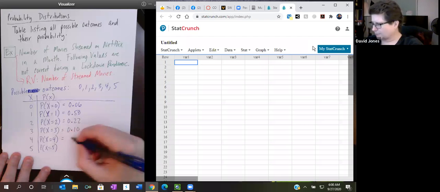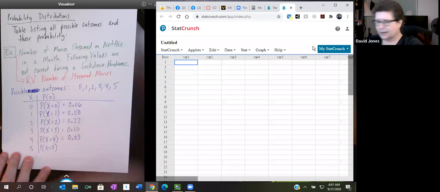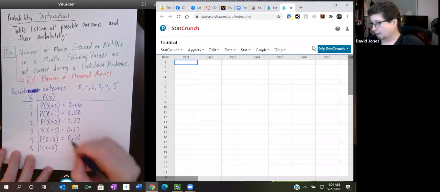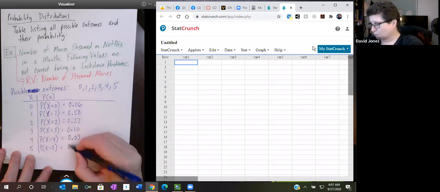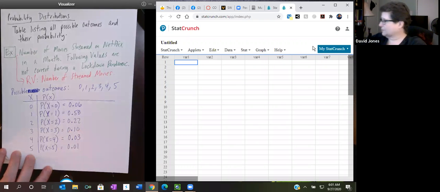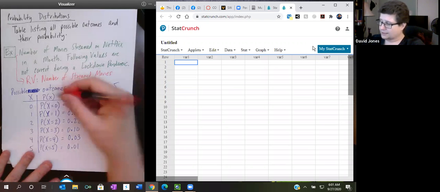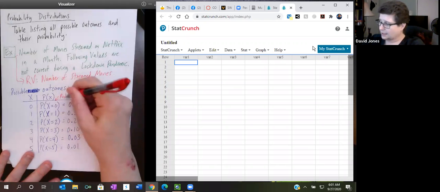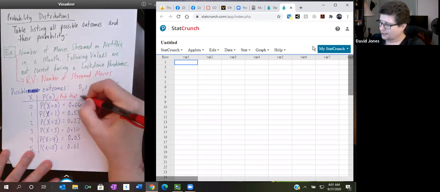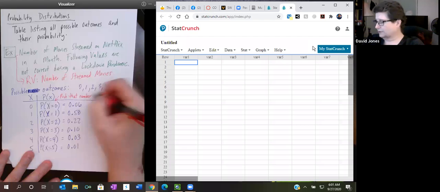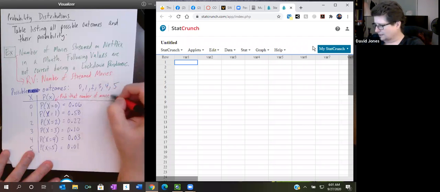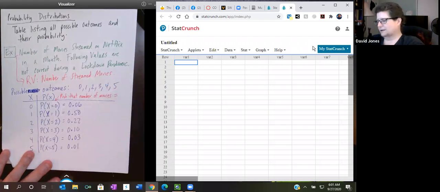And it starts to taper off, get lower. We're going downwards. 4 movies, 0.03 or 3%. And 5 movies, 0.01 or 1%. And the way you read it, this thing over here, probability that number of movies equals the number X.